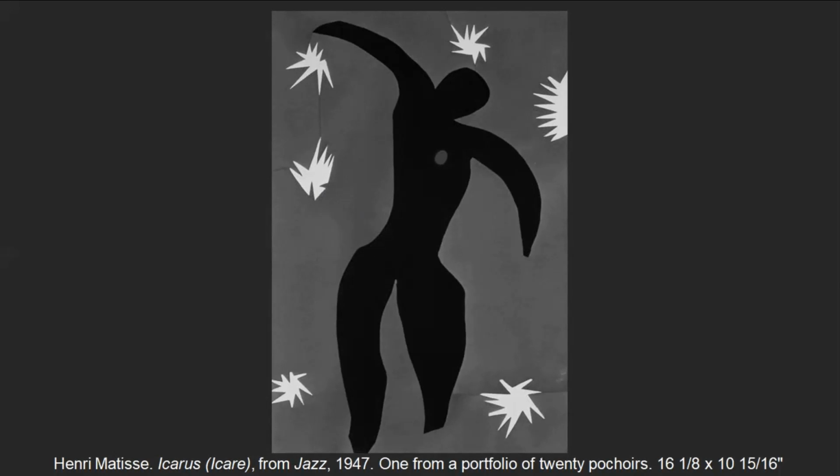So the universe is enveloping, is pushing into and against this figural form of Icarus falling through the sky. And so you have convex shapes pushing into the concave form under Icarus's shoulder and into his torso there.